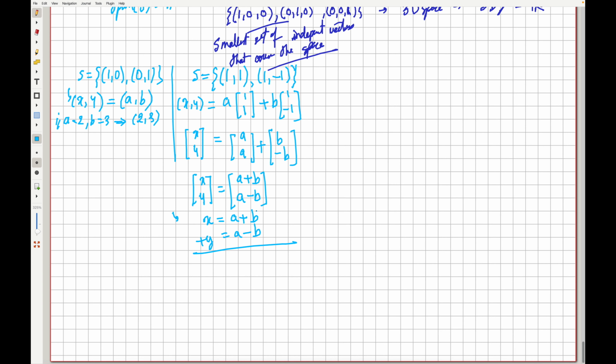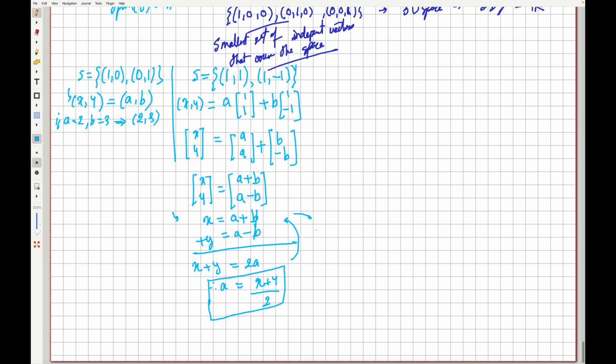We can add these simultaneous equations. The b terms cancel out, and so what we get is x plus y is equal to 2 times a. Therefore a is equal to x plus y divided by 2. That's the way we can get the value of a, and then likewise we can plug this value of a into any one of these equations.